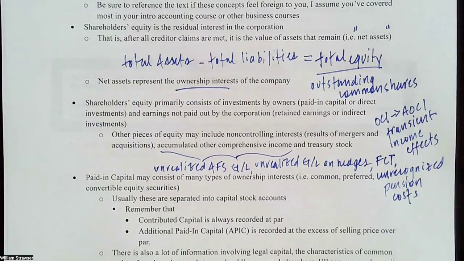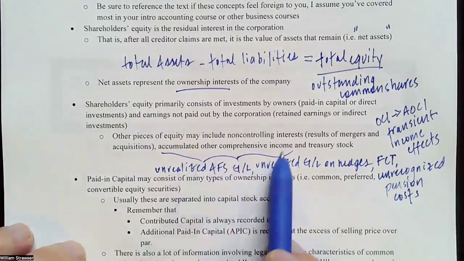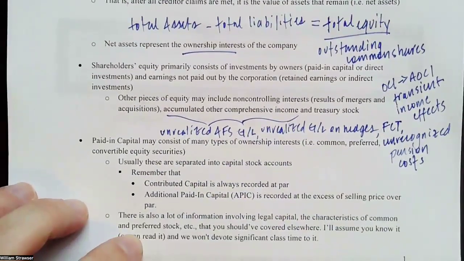We would not necessarily expect yet another gain. It could be a loss of the same magnitude, it could be a loss of a greater magnitude, right? The effect of these items is very volatile. We do not want it in net income, and so we keep it out of retained earnings. It has its own retained earnings like account.